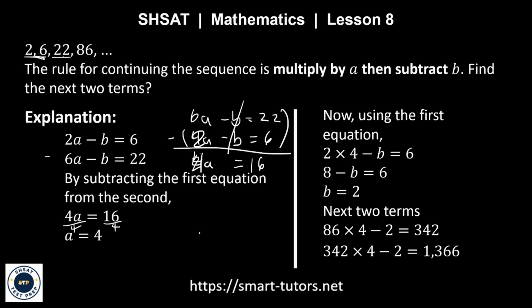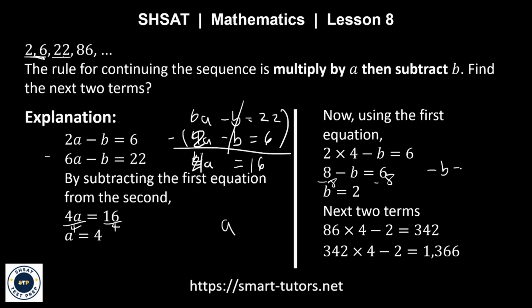So now we figured out what A is, and now we use the first equation to figure out what B is. So you plug that in, so it's 2 times 4 now because A is 4, minus B equals 6. So you multiply this, so you get 8 minus B equals 6, and then you want to isolate the B to get the value. So you can subtract the 8 from both sides.